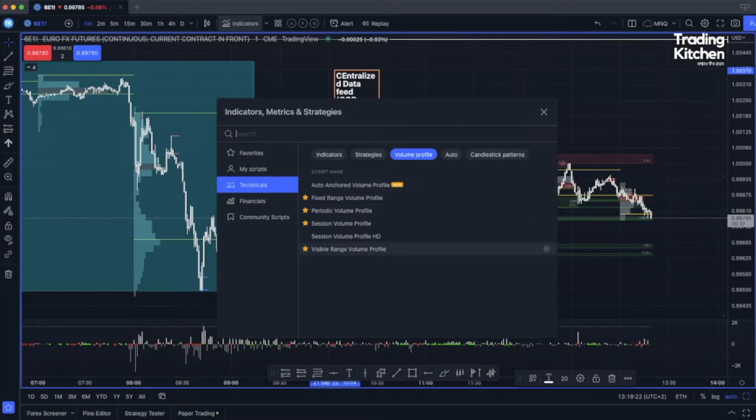If you don't have footprint chart, if you don't have volume tools, you cannot do a volume analysis, a complete volume analysis. So without volume analysis, for my trading, for what I think, you cannot be profitable in the long term.